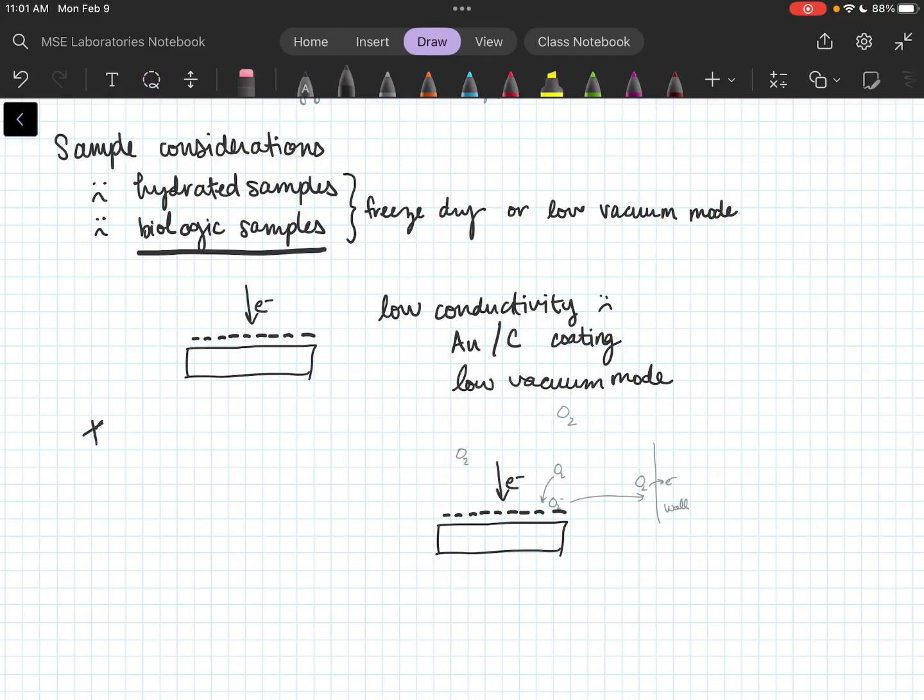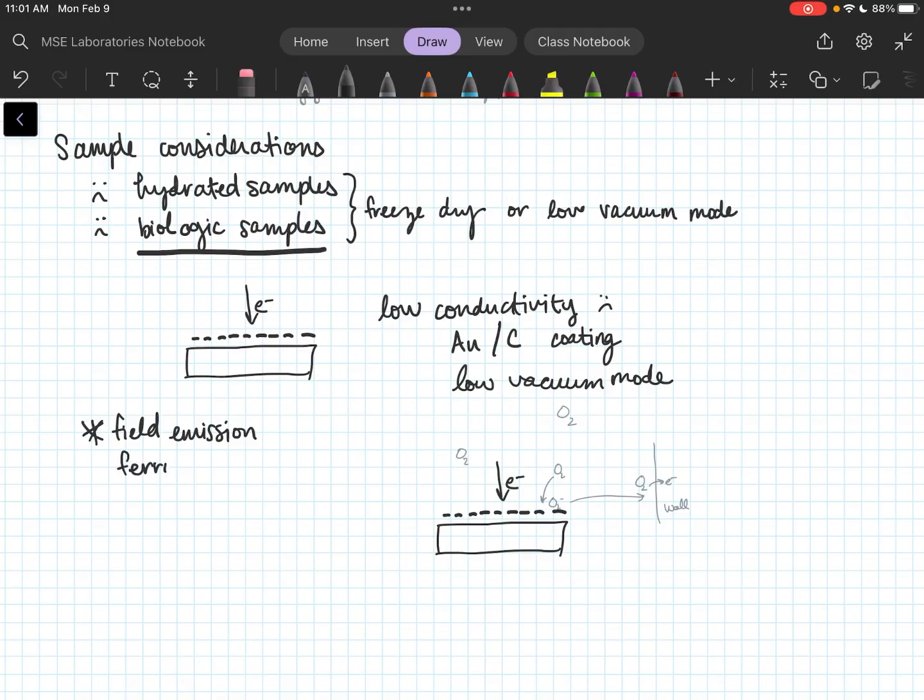One little asterisk before we go on: not thermionic, the field emission. Some field emission microscopes have magnetic apertures.